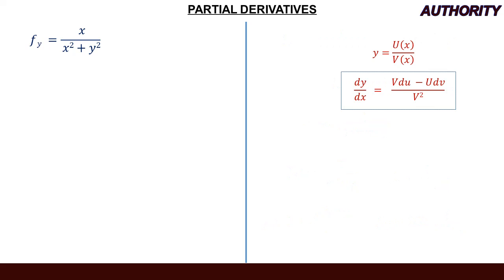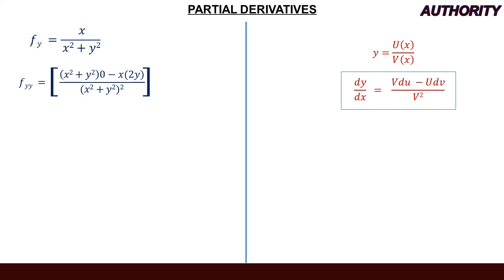Here we have our x to be our numerator, that is our u, and then x squared plus y squared to be our v, right? Good. Now we bring our v up. So our v, which is x squared plus y squared, we bring it up. Then we differentiate the numerator, which is x, with respect to y. So when we differentiate x with respect to y, x is a constant. It's going to give us 0.